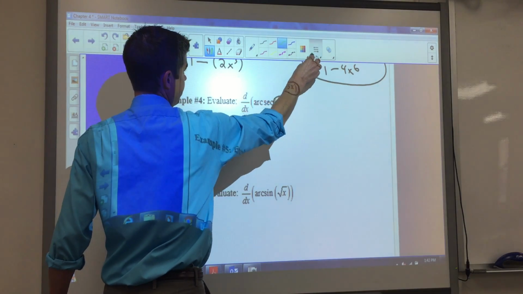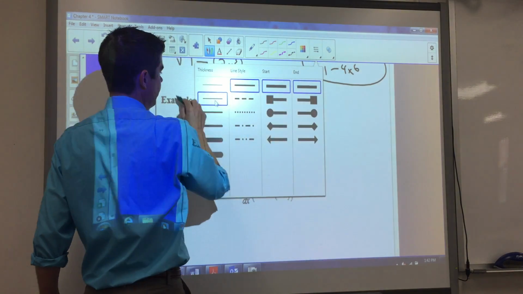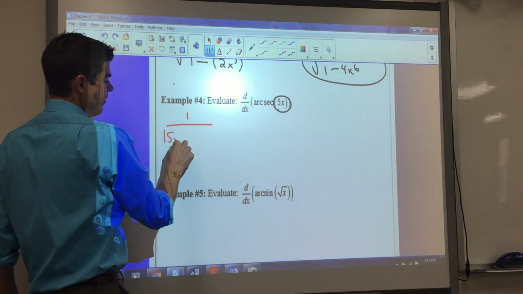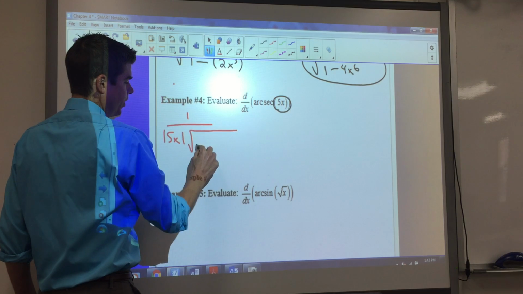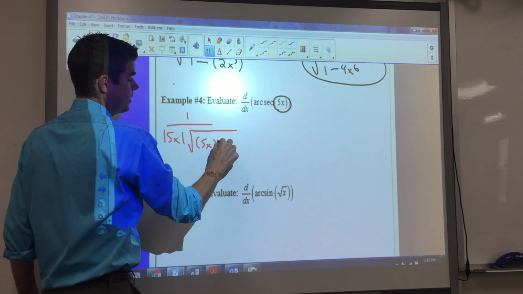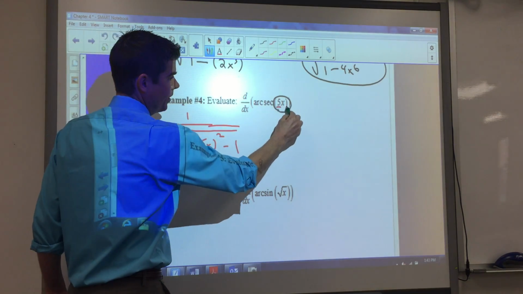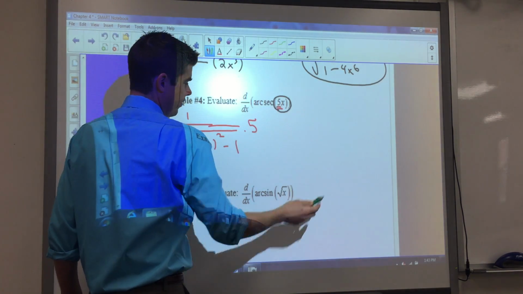This one, maybe we'll do this one in red. Maybe, there you go. So we get 1 over absolute value of 5x times the square root of quantity 5x squared minus 1. Immediately after, derivative of 5x, which is 5.